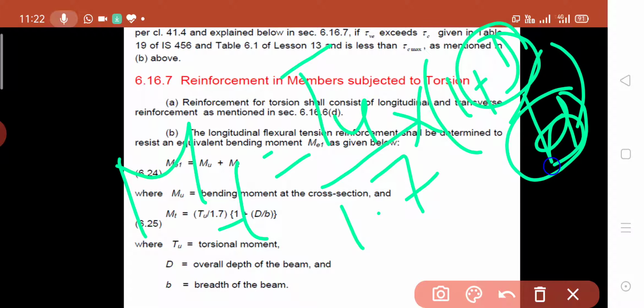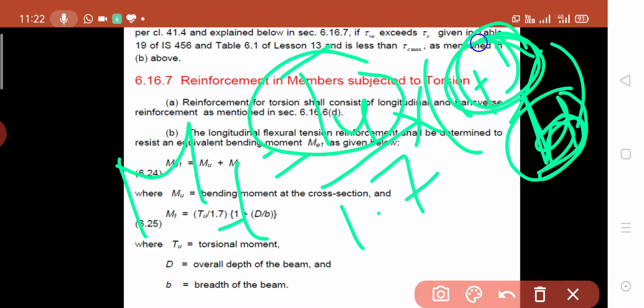Sorry, this is B, this is the width. So TU is the torsional moment, D is the overall depth, and B is the width of the beam.